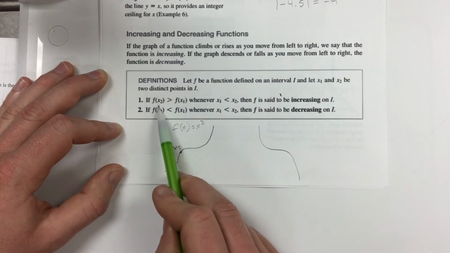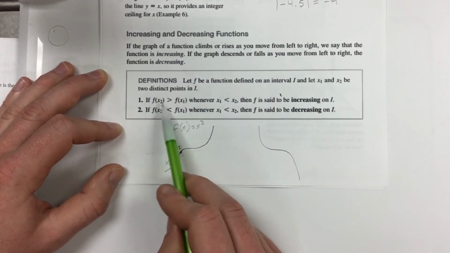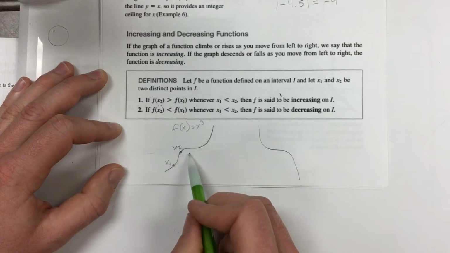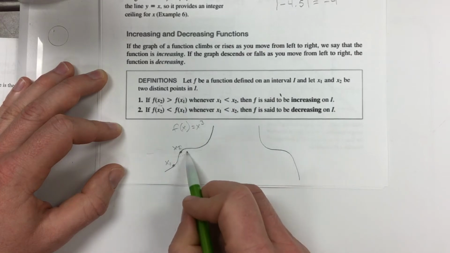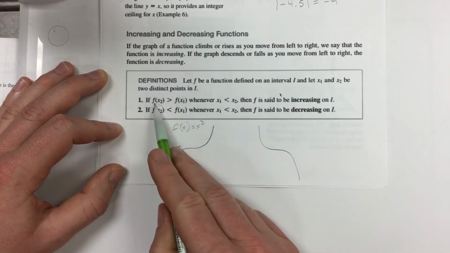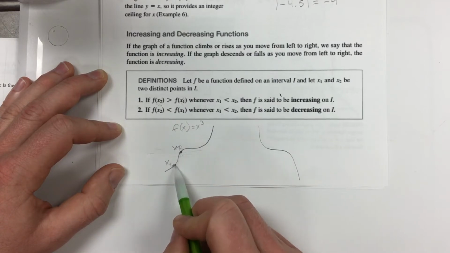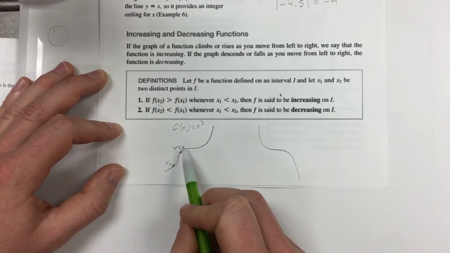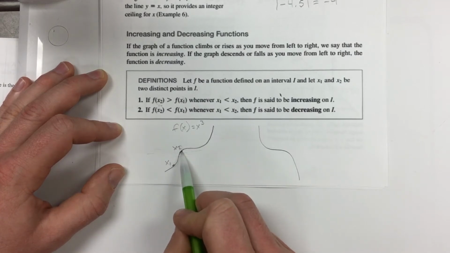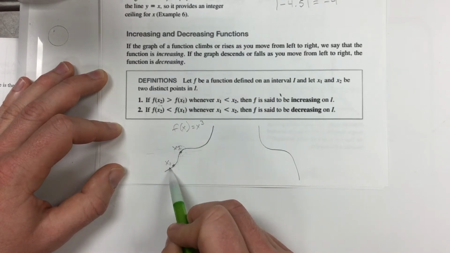But the function for x2 is greater than the function for x1. Well, that's true because when you take the function of x2, you're getting the y value. It's much higher up on the graph than this is. So that's why it's increasing, because x1 is smaller than x2, but the function of x2 is giving you a larger output value.